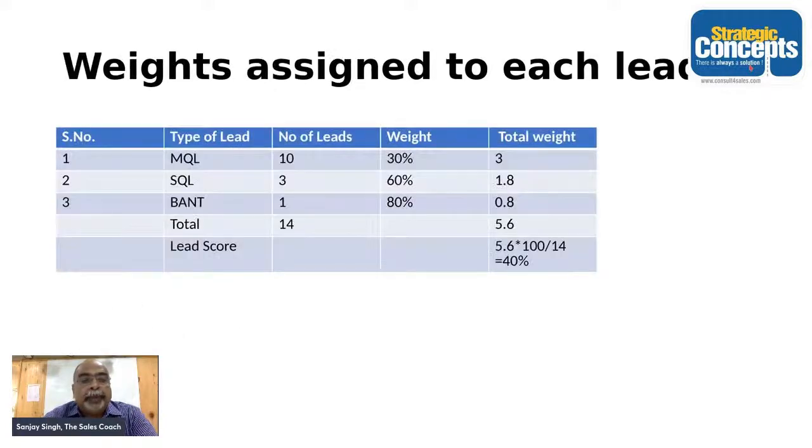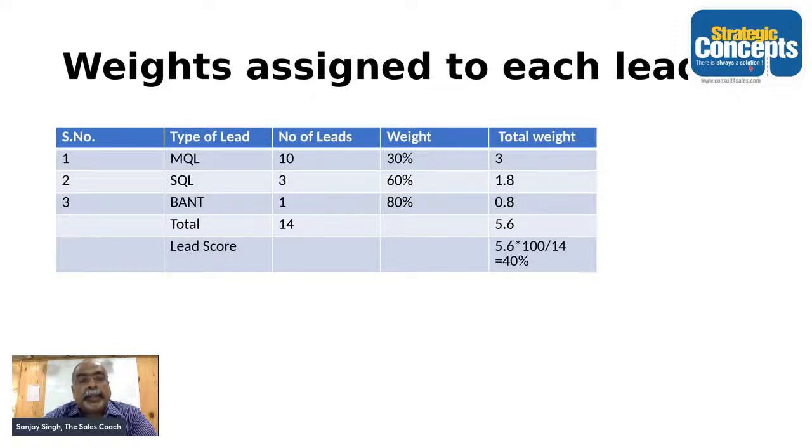Now, to be able to calculate the lead score, you have to assign weights for each type of lead. So, if you look at this table, in this case, I have assigned a weight of 30% on MQL, 60% on SQL, and 80% on BAND. Now, these weights are not sacrosanct. Depending on the nature of your business, you can choose the weights which you think are most representative of your business.